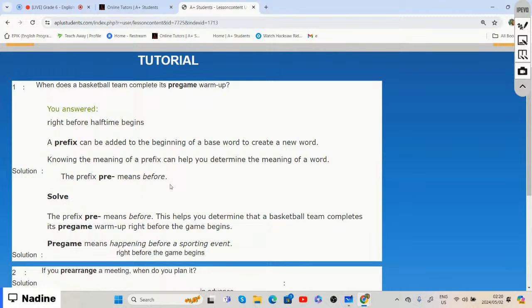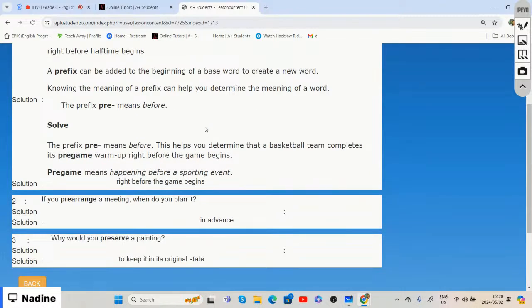So if they do the pre-game warm-up, then we can say the pre-game warm-up is done before the game begins, because it is a pre-game warm-up. So it's before the game begins.